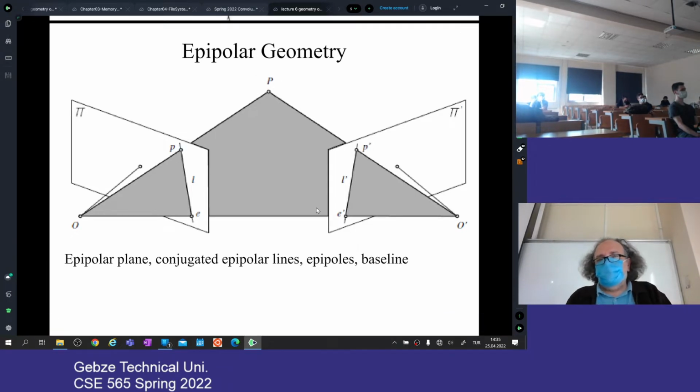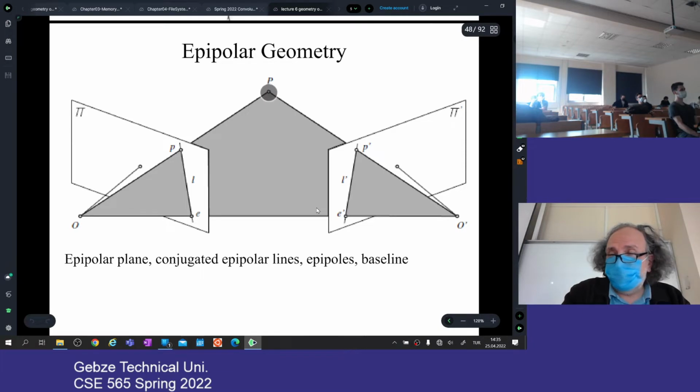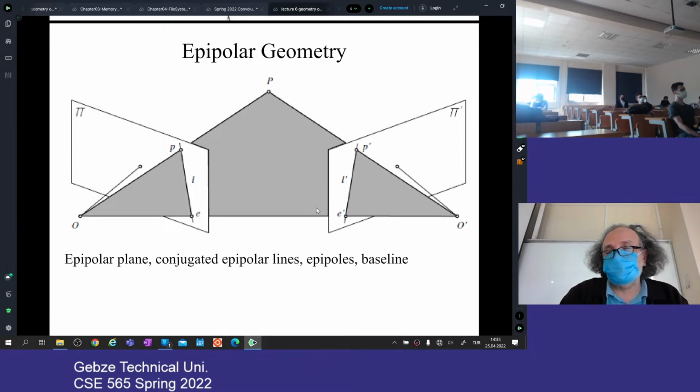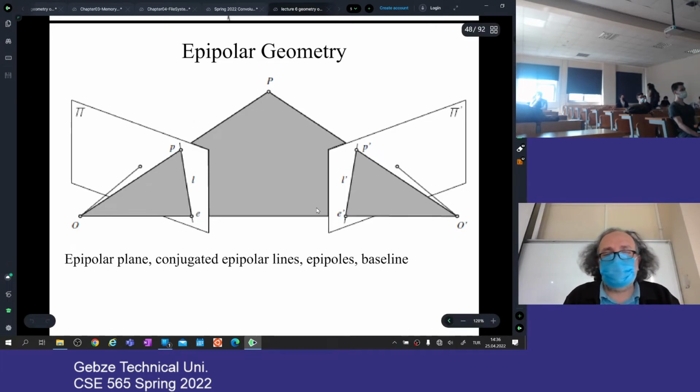And looking at this geometry, we say that there is a plane that goes through these 3 points: the point P in the real world, the central projection of the left camera, and the central projection of the right camera. So two cameras and 3 points. We say that this is a plane, and we call this plane the epipolar plane.